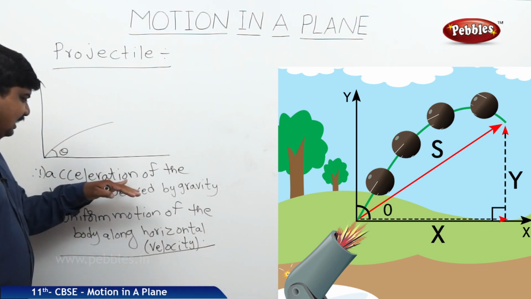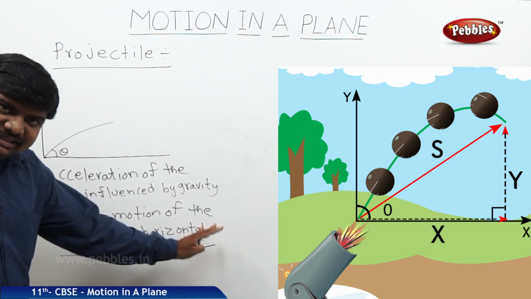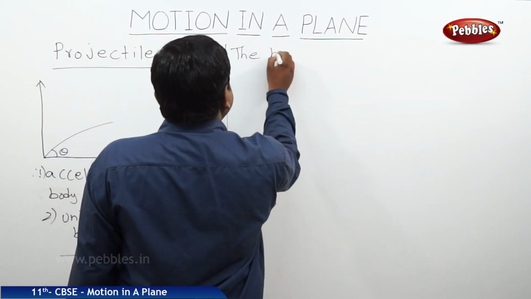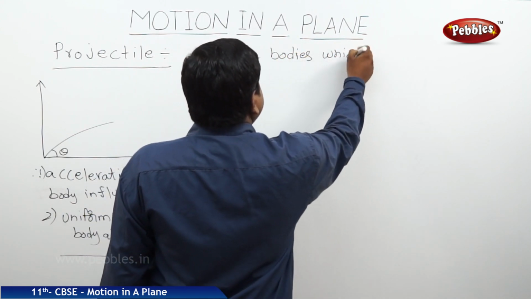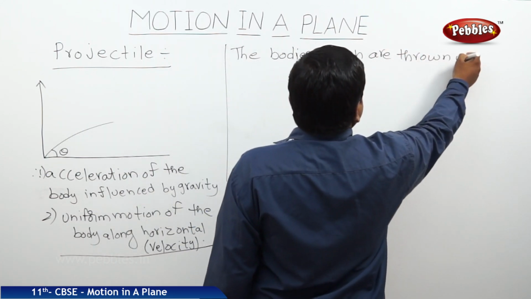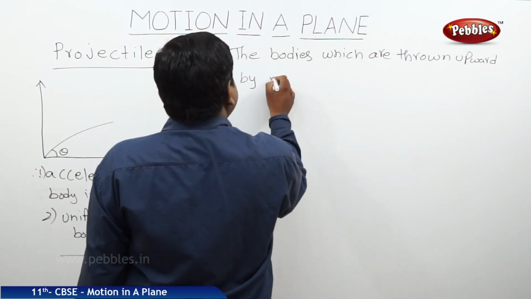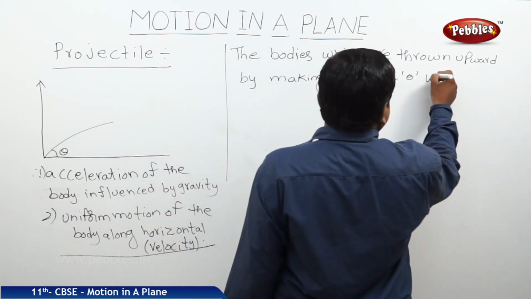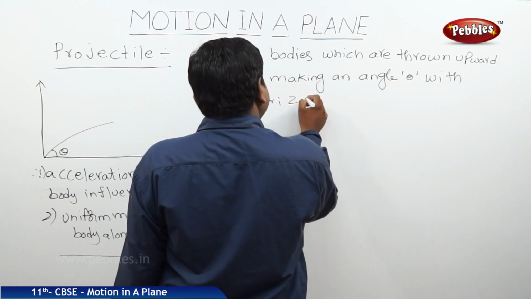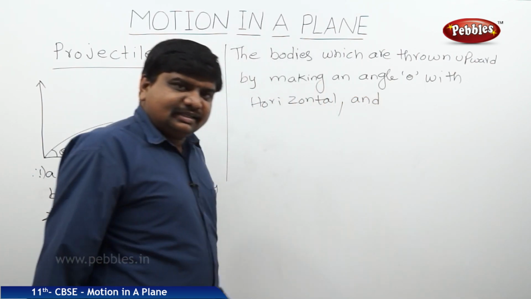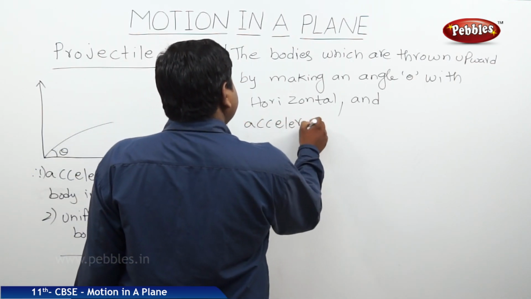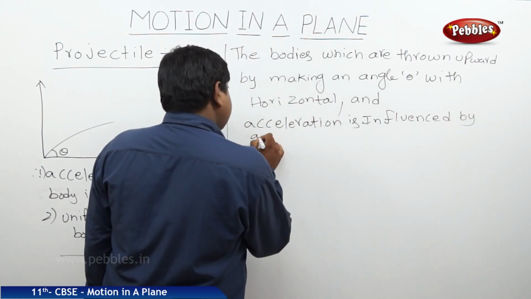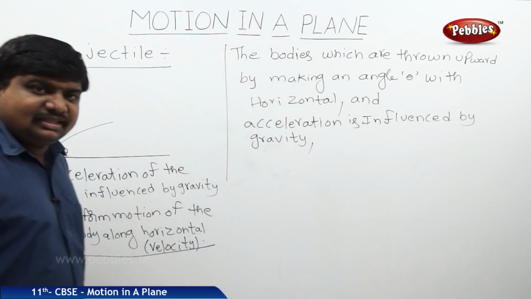So such bodies which have the acceleration influenced by gravity and uniform motion along the horizontal direction influenced by velocity, which are thrown upward making an angle theta with the horizontal, are called projectiles.